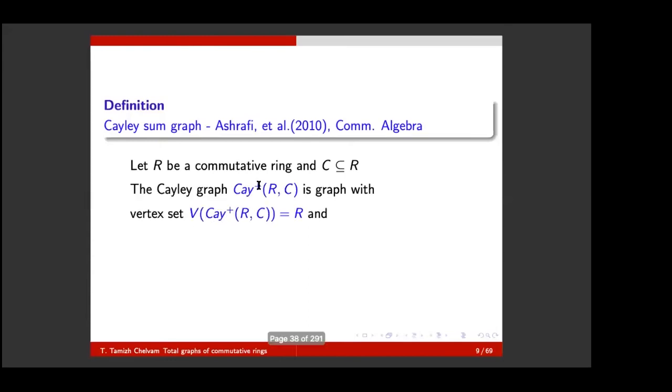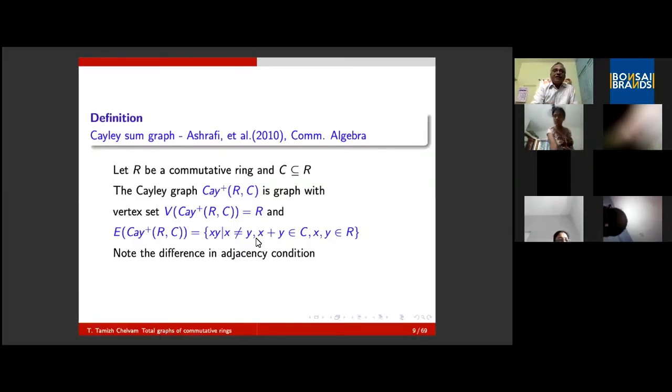Of course, the vertex set is R, and the Cayley sum graph and the Cayley graph are entirely different.